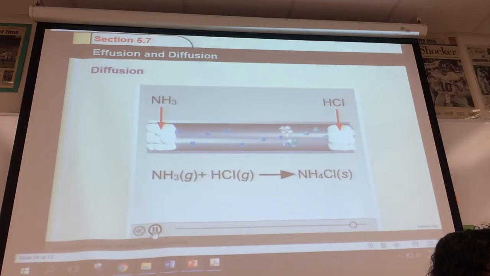Thus, hydrogen chloride molecules travel more slowly. Diffusion is the process which Well, I wanted you to see that band again. hydrogen chloride molecules travel more slowly. Okay. Why do hydrogen chloride molecules travel more slowly? Because they have a greater molar mass at about 36.5 compared to 17 for ammonia.